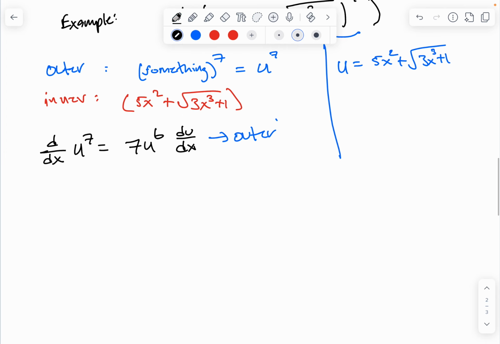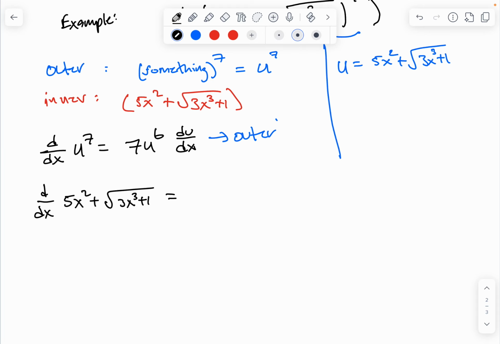Now, let's take the derivative of the inner function. d dx of 5x squared plus the square root 3x cubed plus 1. But wait a second. We notice that there are two different functions within here, right? We have the 5x squared plus the square root 3x cubed plus 1.